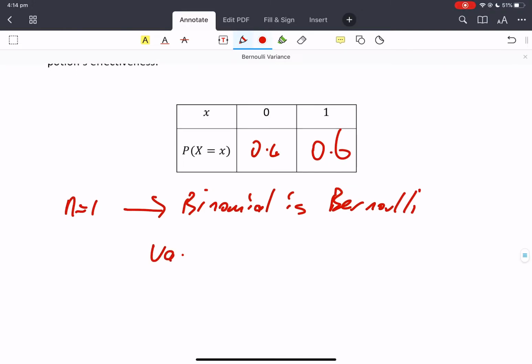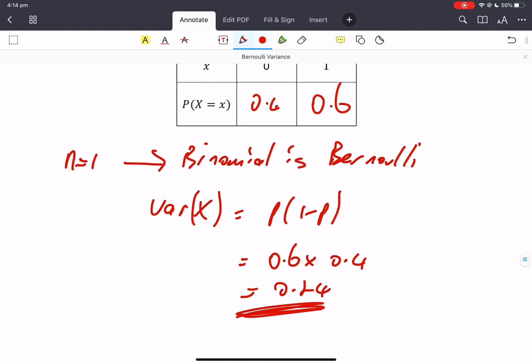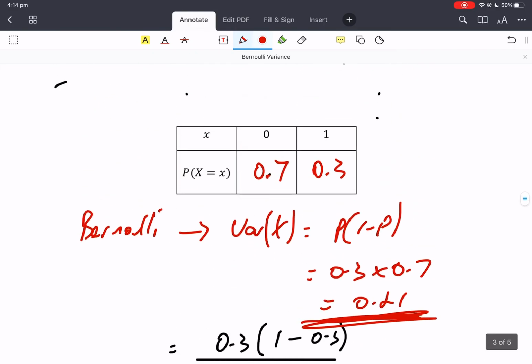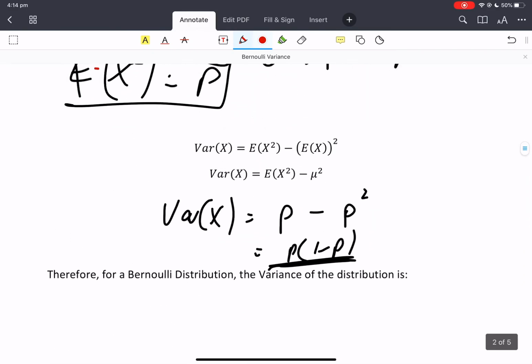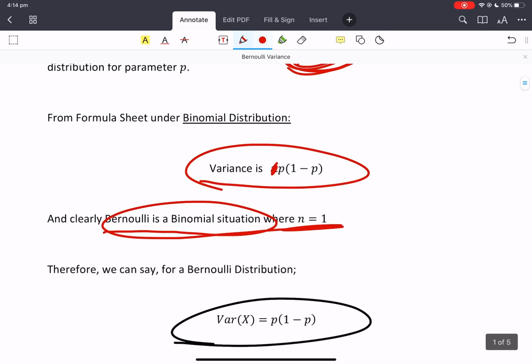I'm nearly okay if you just go pq, because q is 1 minus p, which gives 0.24. So not rocket science. Ideally you'd understand how it works and be able to apply it in different contexts. Get to some practice.